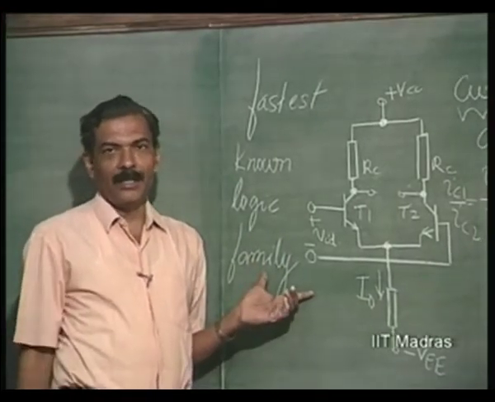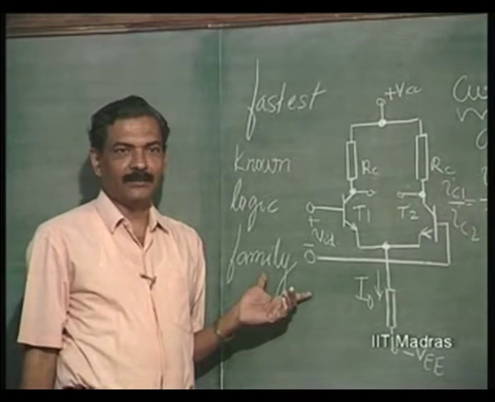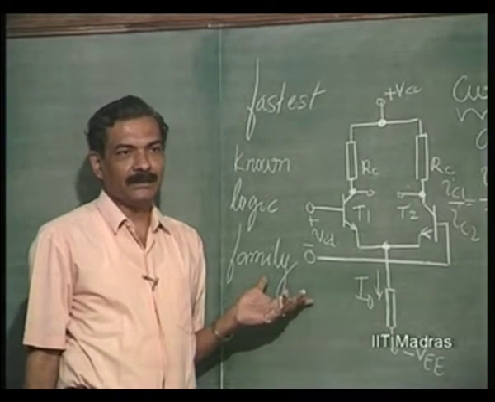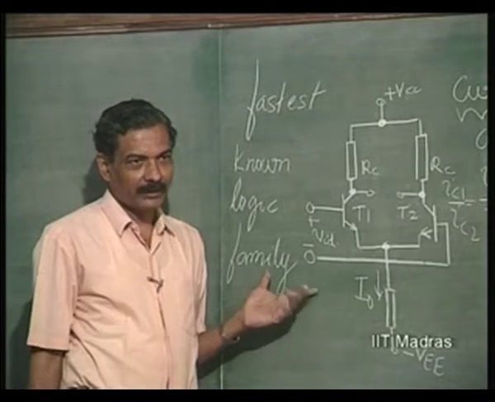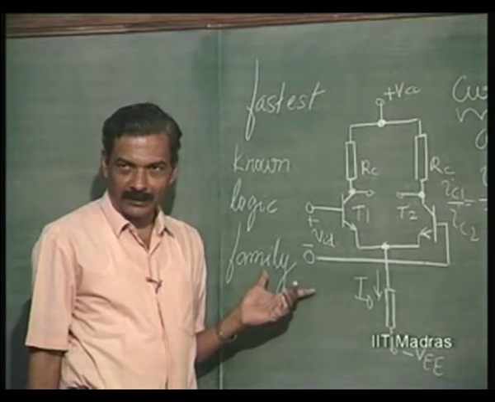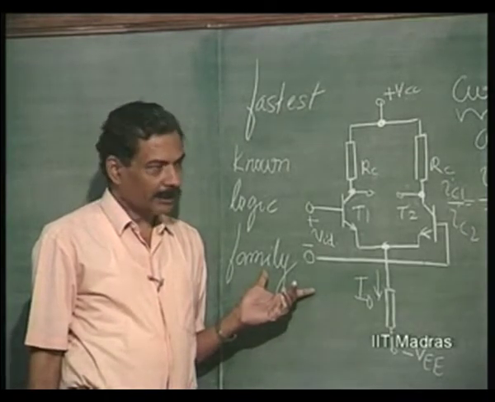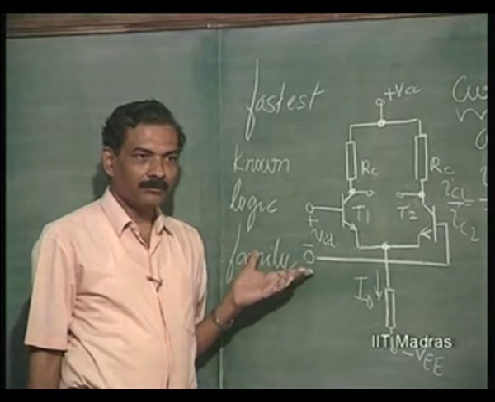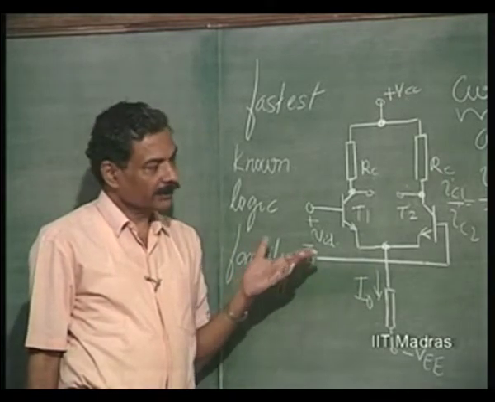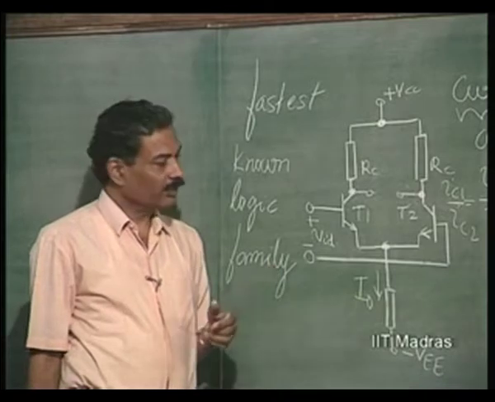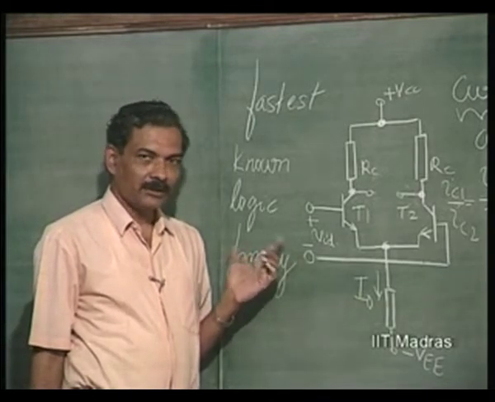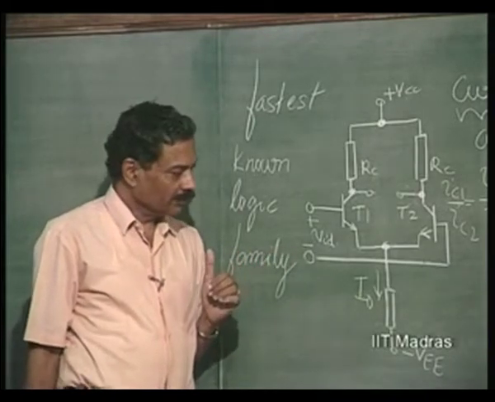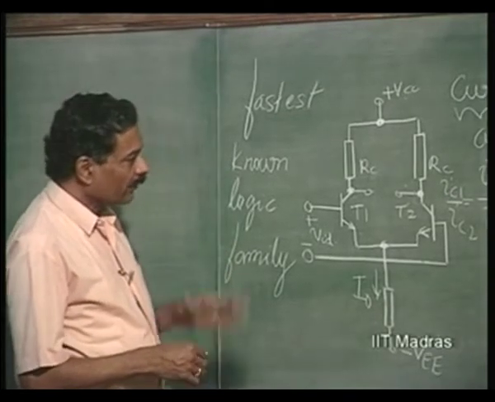Resulting in any computer designed using this logic family being the fastest computer, as far as transistors are concerned. So, any computer using such a logic family is going to be the fastest logic family computer, and therefore the fastest computer.